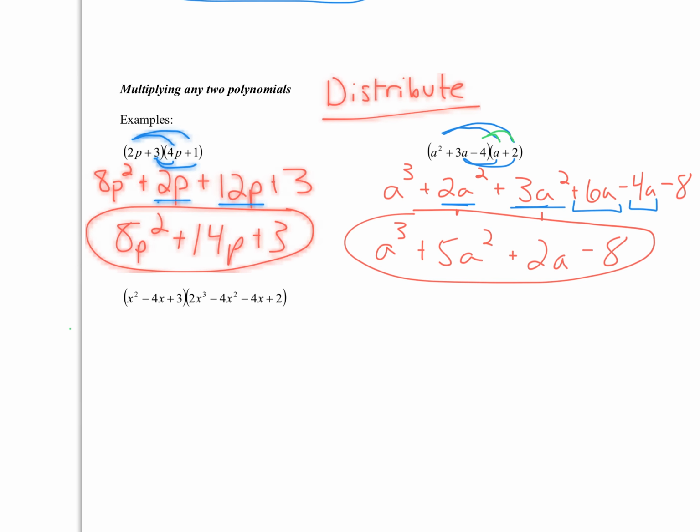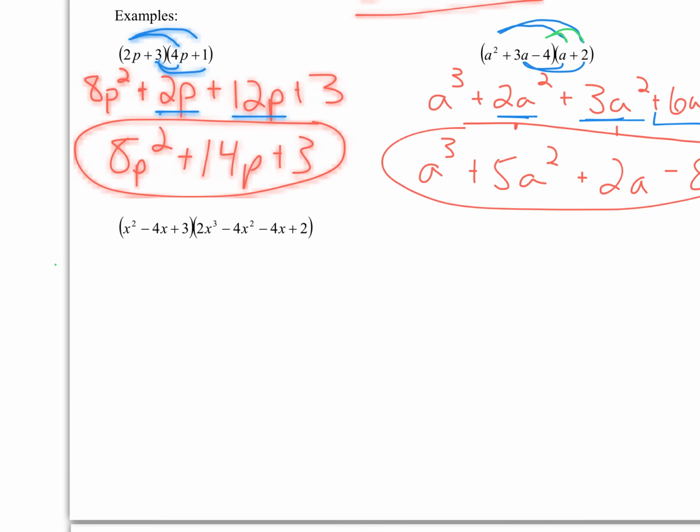Last, I have a little bit longer one. It's 3 terms times 4 terms. So we're going to need a little bit of room here and make sure everything gets aligned straight. I have to start with x squared. So I'm distributing this x squared to all 4 terms. Let's start with x squared times 2x cubed. That'll give me 2x to the 5th.